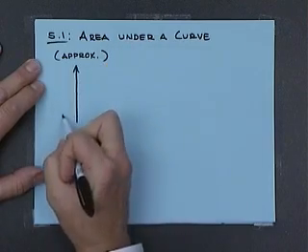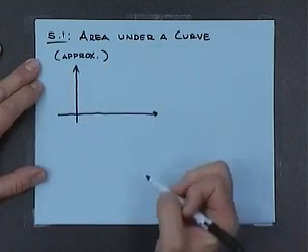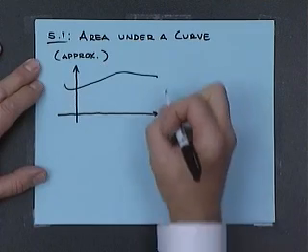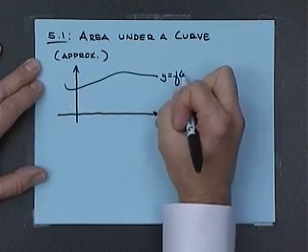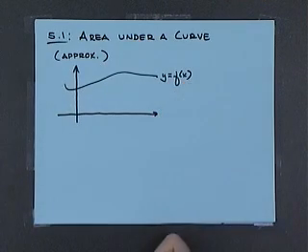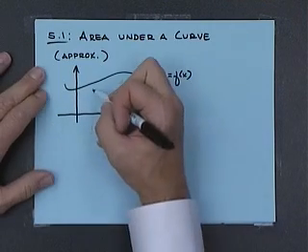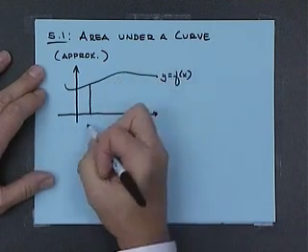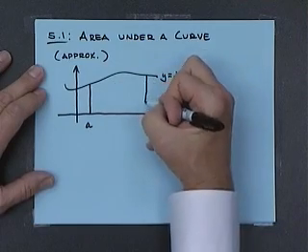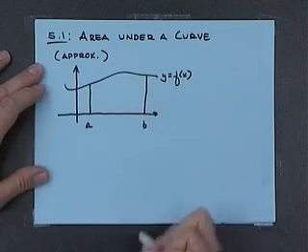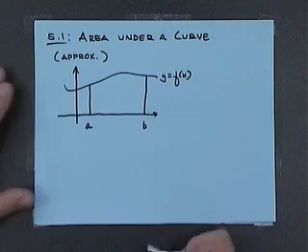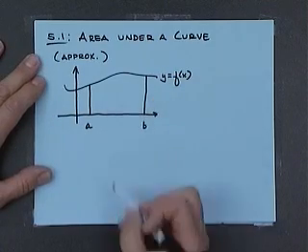So we're going to have a region, just to start with a simple region. It's some function, and we'll make it above the x-axis, and also in the first quadrant, just to start with things that are simple. And using integral calculus, antiderivatives, we want to be able to find the area under this curve.